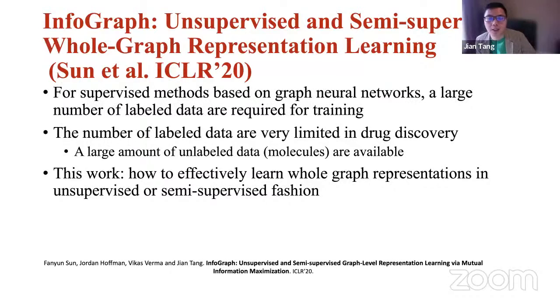In this case, we are trying to learn the molecular representation based on labeled data. This is similar to what has been going on in the natural language processing domain, where you pre-train the models on a large amount of unlabeled text data, and then fine-tune your model based on a very limited number of labeled data.